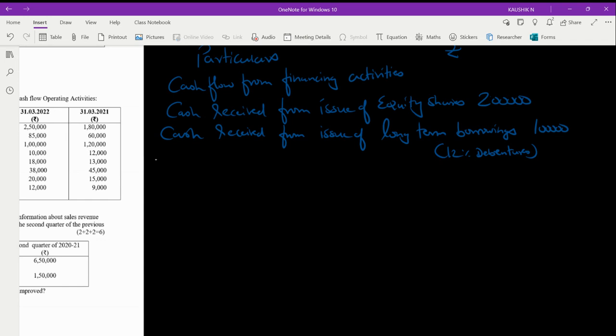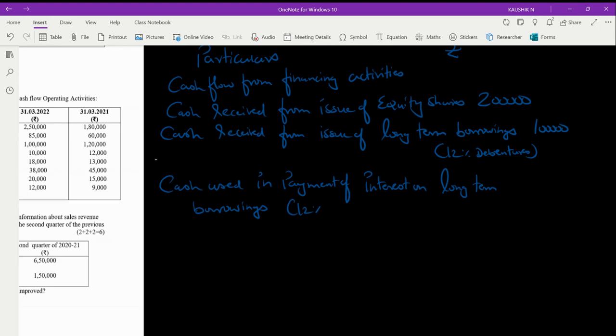So it is as cash used in payment of interest on long-term borrowings, within a bracket 12 percentage debentures.